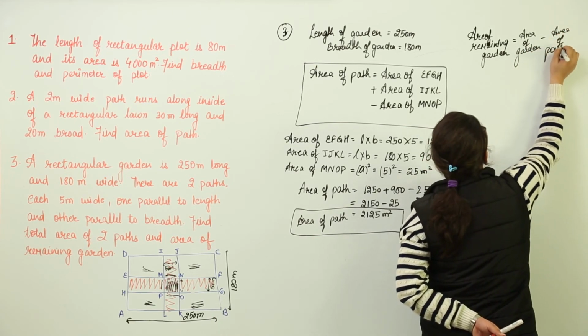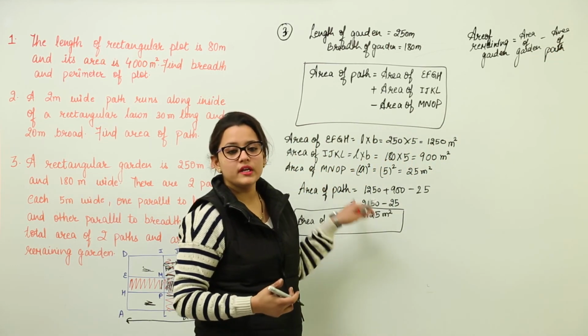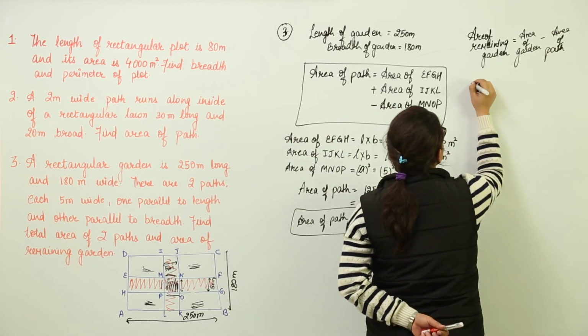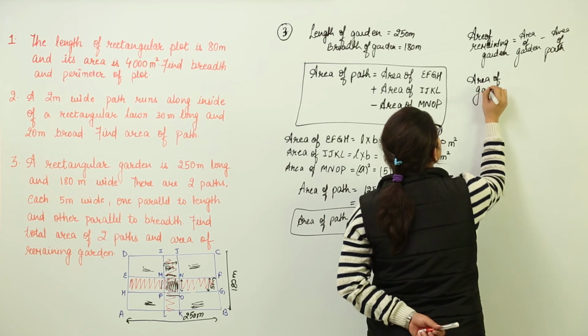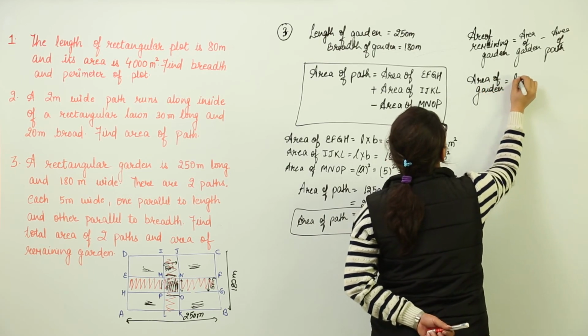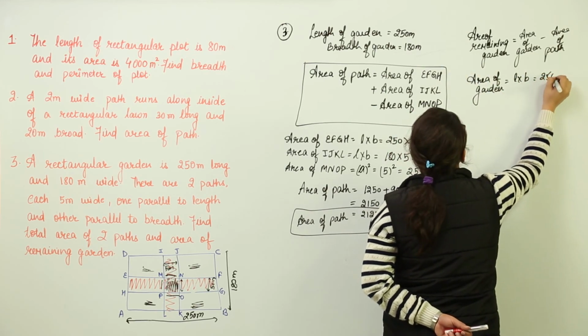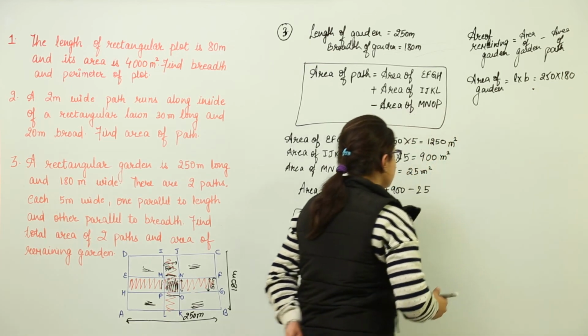So we have the area of path already calculated, but we do not have the area of the garden. So the area of garden is to be calculated. The same way as we have been doing, area of garden is going to be equal to length into breadth. As we know, the length is 250 and breadth is 180. Its area is going to be some value.